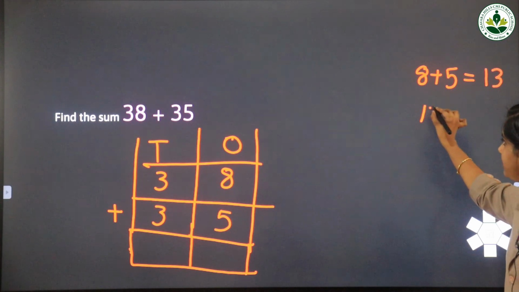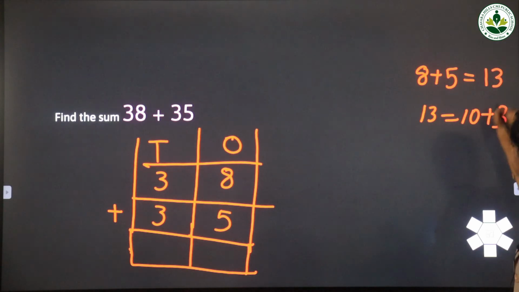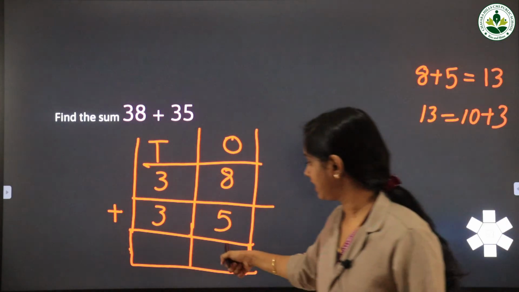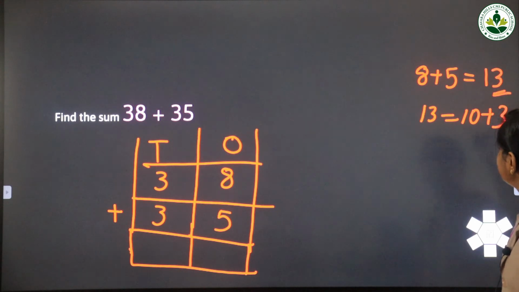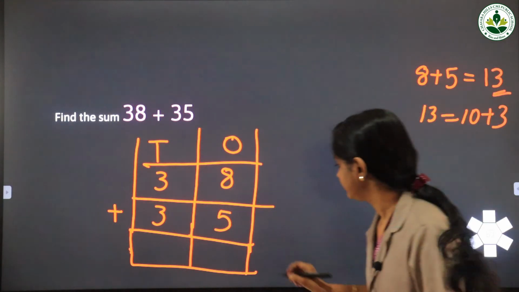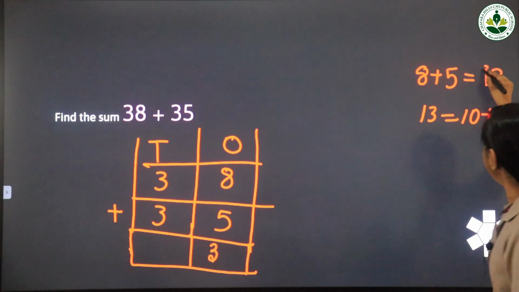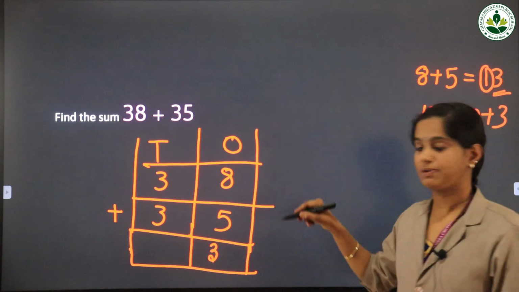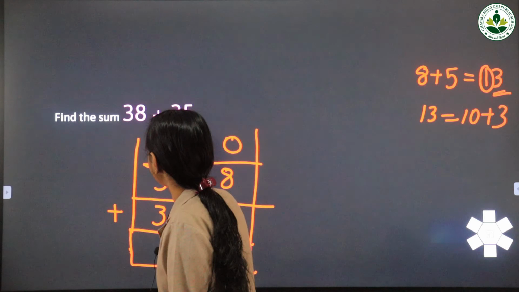We can regroup 13 as 10 plus 3. 13 is a 2-digit number. We cannot write 13 here, so we only write the ones place digit, that is the digit 3. And this one will go to the tens place, and we write it like this.